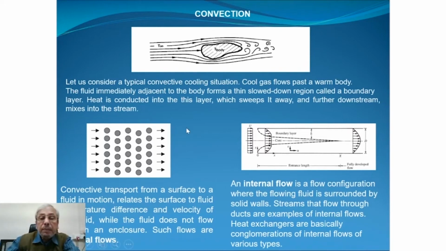Now, convective heat transfer can broadly be divided in two parts. In one type of convective transport, convective transport from a surface to fluid in motion relates the surface to fluid temperature difference and velocity of the fluid, while the fluid does not flow through an enclosure.